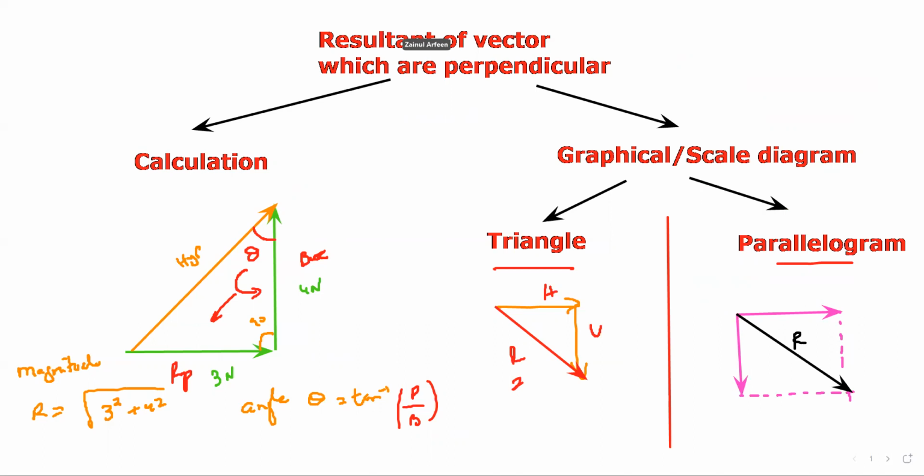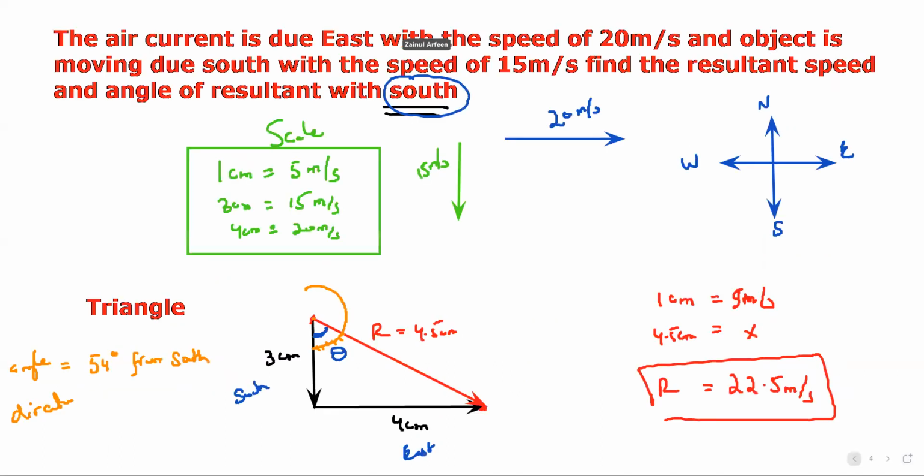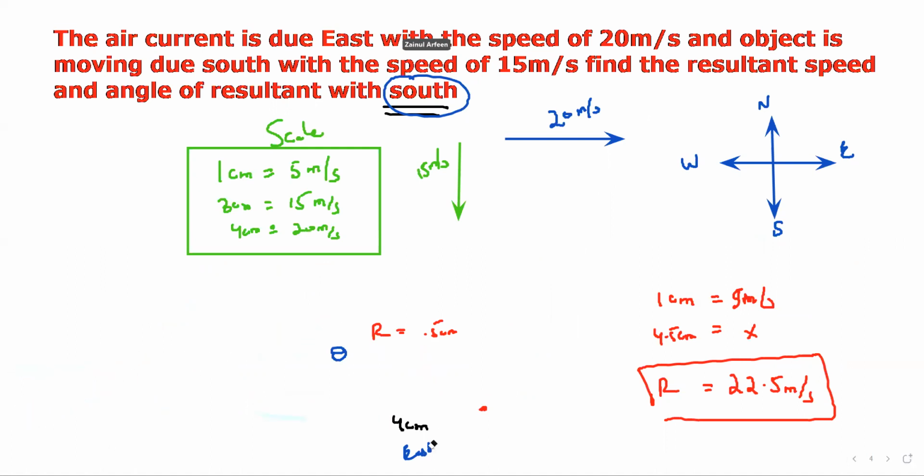So for the previous example we solved, if it was using a parallelogram method, we'll draw the two vectors from the same point. The east vector was 20, so that was 4 centimeter, and the south vector was 15 meter per second or 3 centimeter.